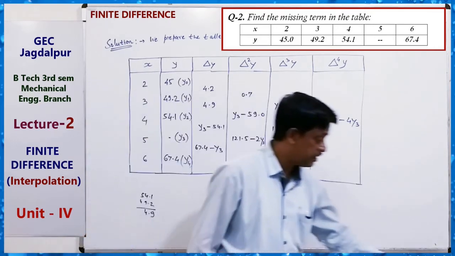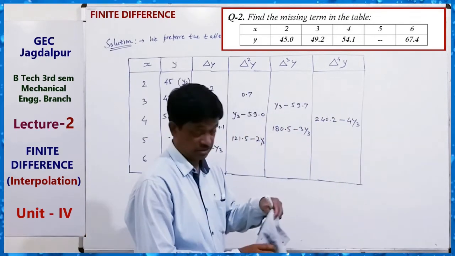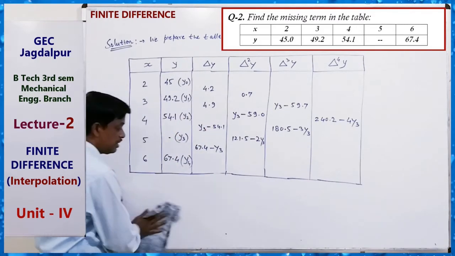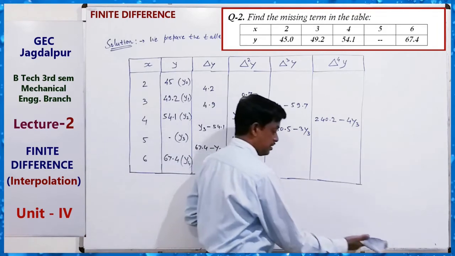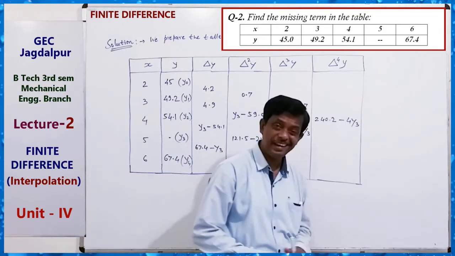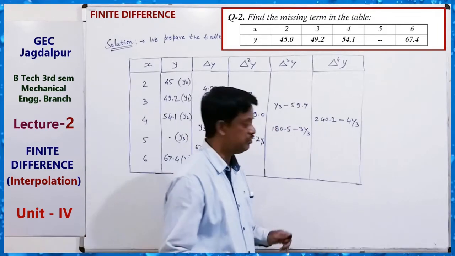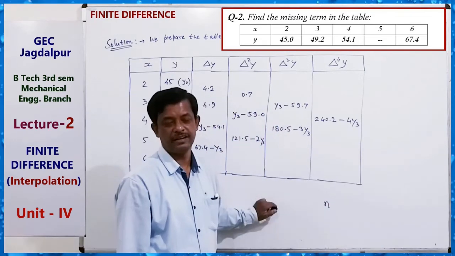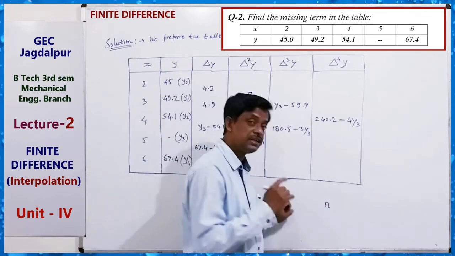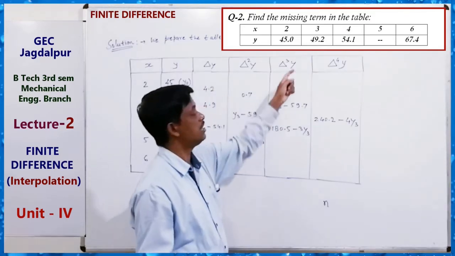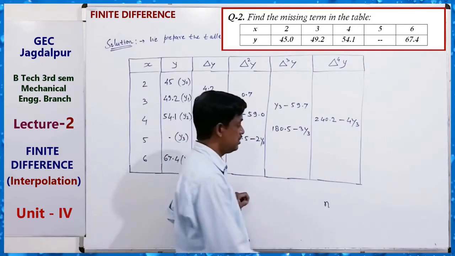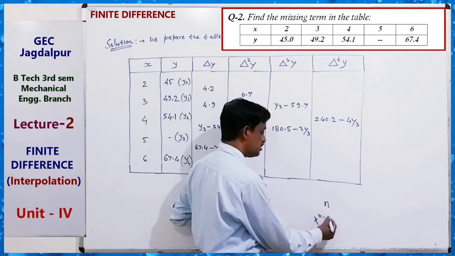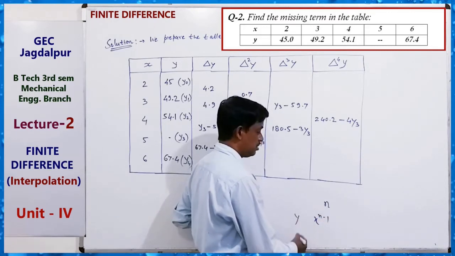Since we are given only 4 entries, we know from the previous class that if we are given n entries, then y can be approximated by an n minus 1 degree polynomial.